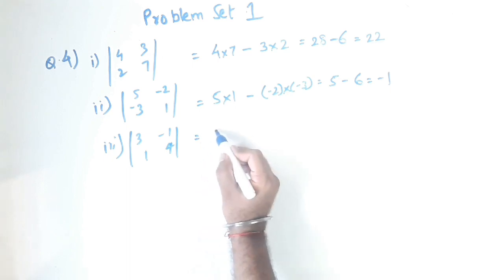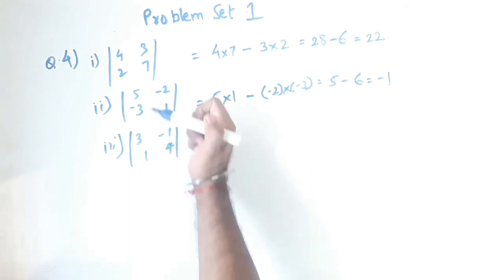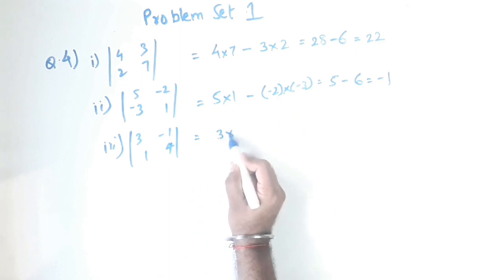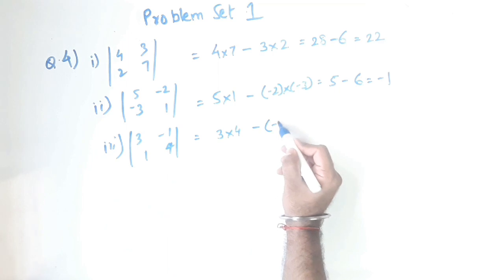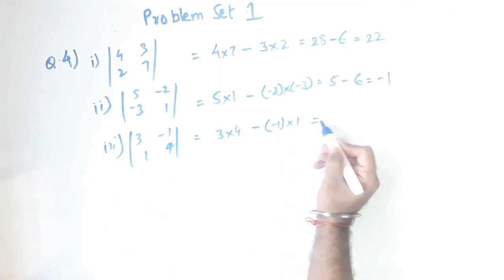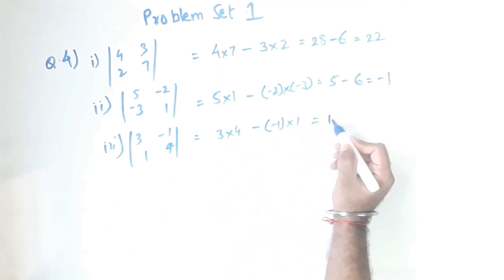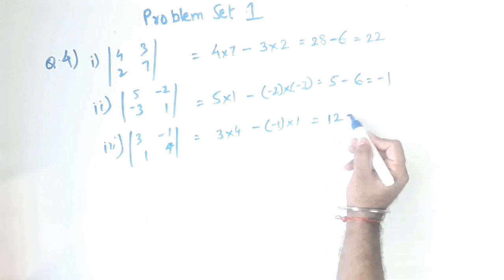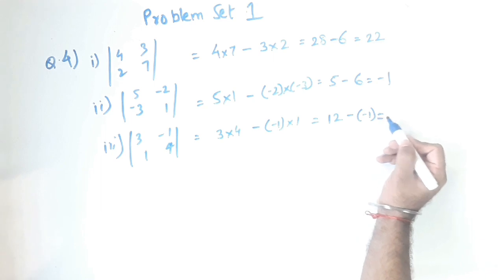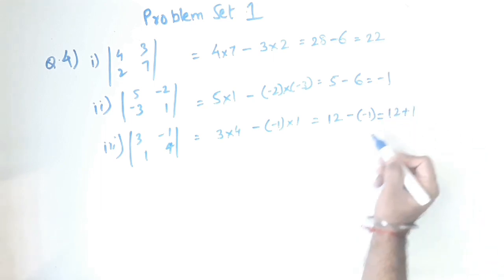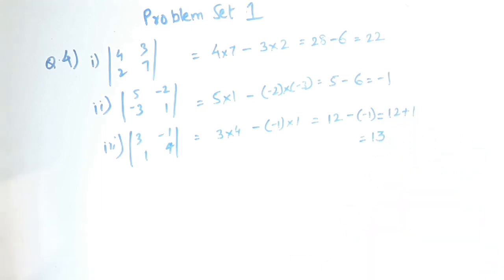Now 3 fours is 12. First let us write 3 into 4 minus 1 into 1. Now 3 fours is 12, minus 1 into minus 1 will be minus 1. So this becomes 12 plus 1, which is equal to 13. So with this we finish question number 4.